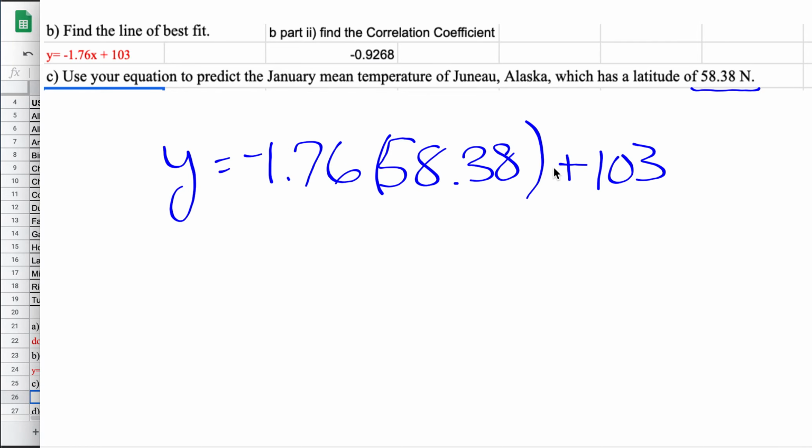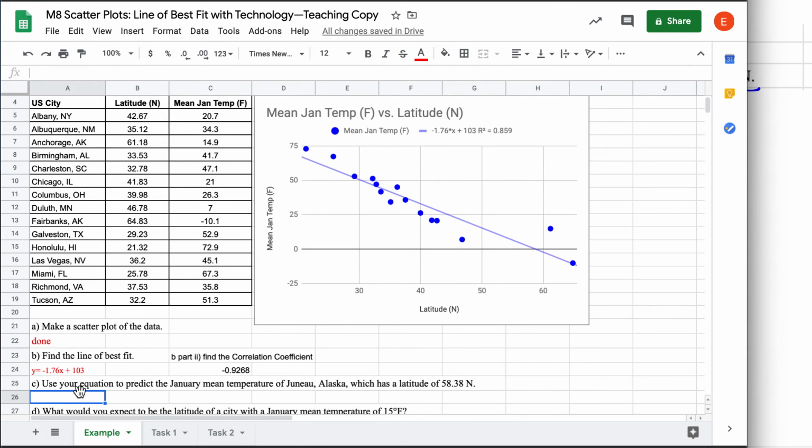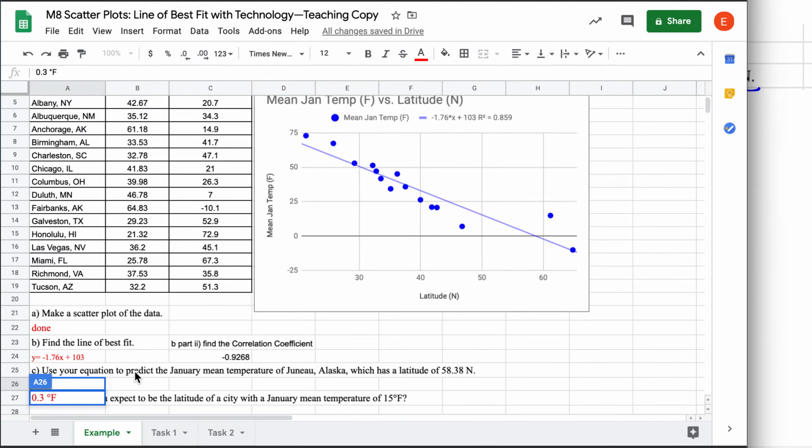This is what I calculated on my calculator, and it came out to be 0.2512. Looking at my other temperatures, they were rounded to the nearest tenth, so I'm going to round it to the nearest tenth. So we would expect 0.3 degrees Fahrenheit.